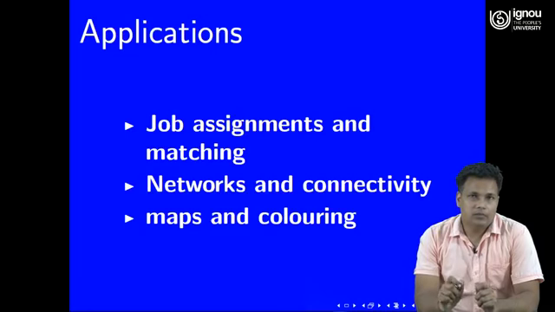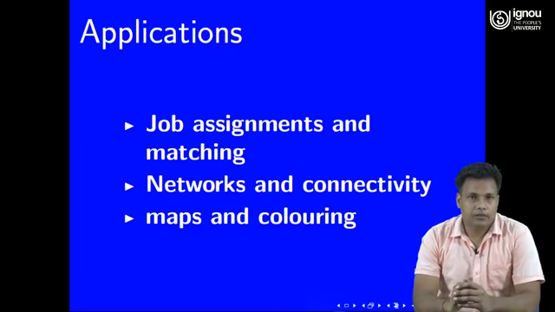Suppose every state represents some region, and every state has a well-defined boundary. Any 2 states that share a boundary must get different colors. When you color all the states in this way, you will find that you do not need more than 4 colors. This is called the 4 color theorem, which was solved just a few years back.